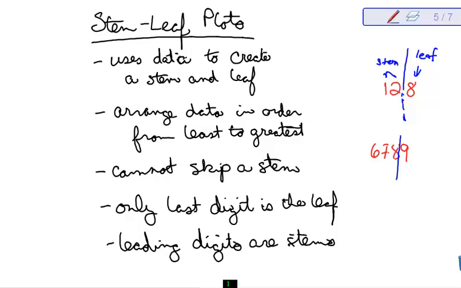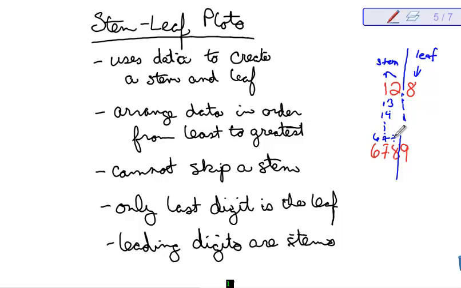Now, when we're talking about how you cannot skip a stem, if I was going from 128 to 6,789, I would have to fill in everything from 13, 14, all the way up through 677 in my stems.